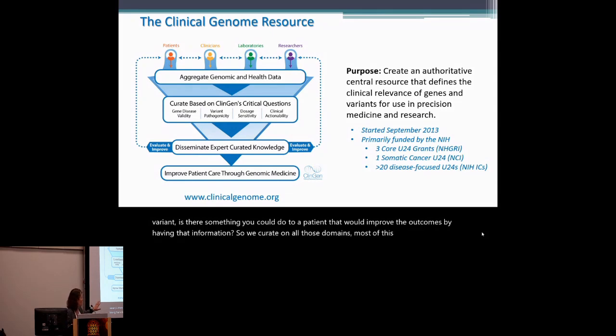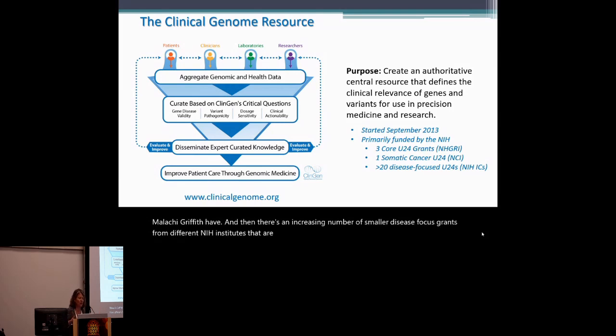Most of this work is led by 3 core U24 genomic resource grants through NHGRI, a part of the National Human Genome Research Institute in the US. There's now a recent somatic cancer grant that Obi and Malachi Griffith have, and an increasing number of smaller disease-focused grants from different NIH institutes.